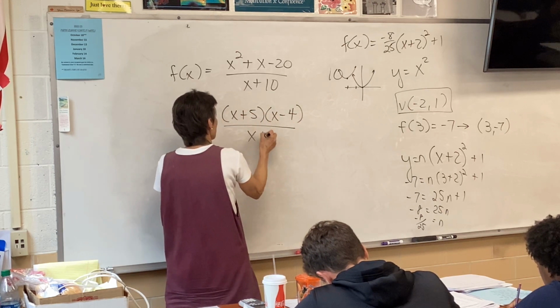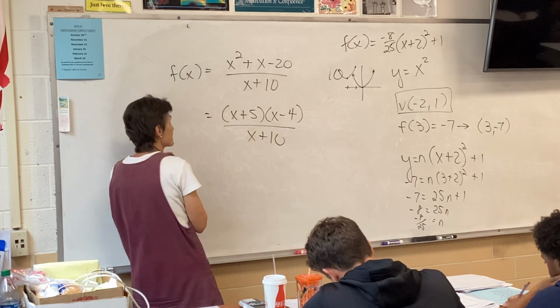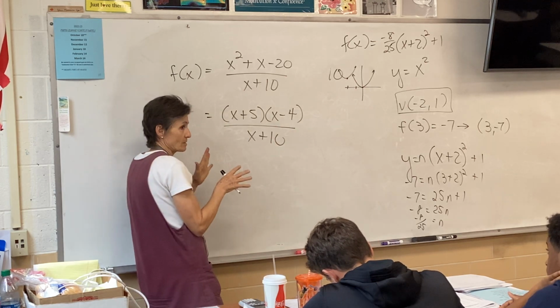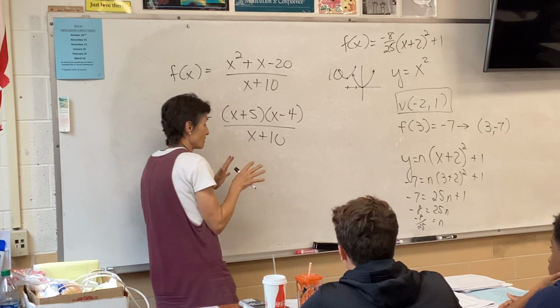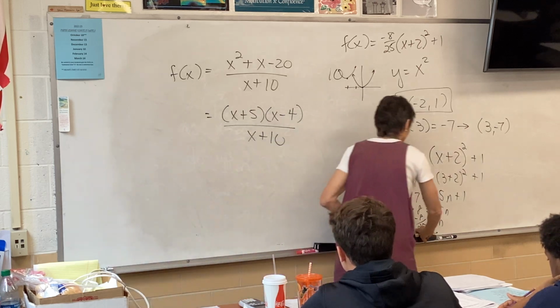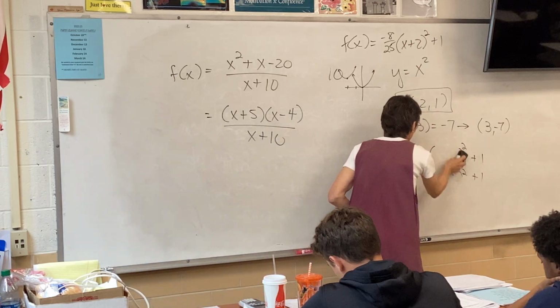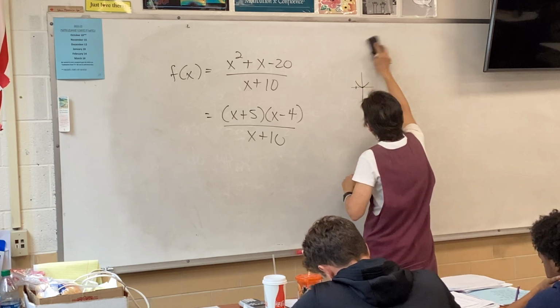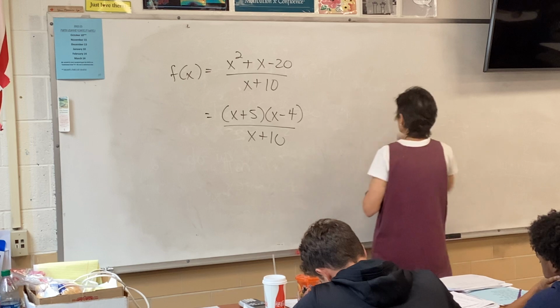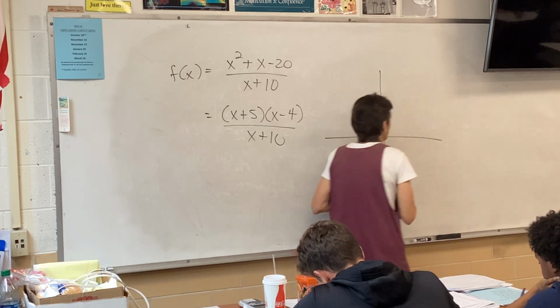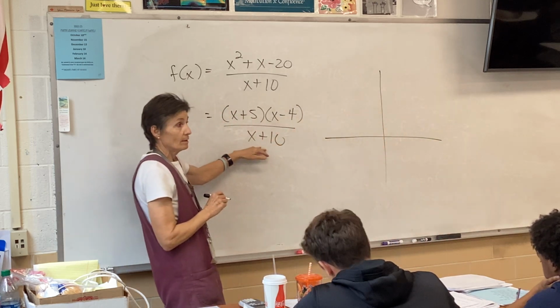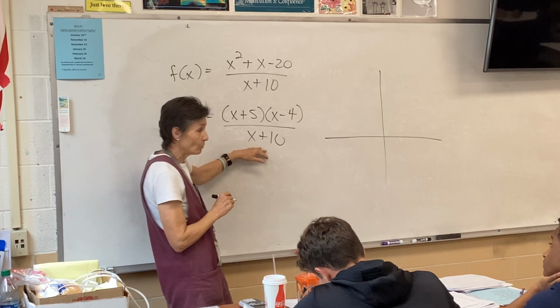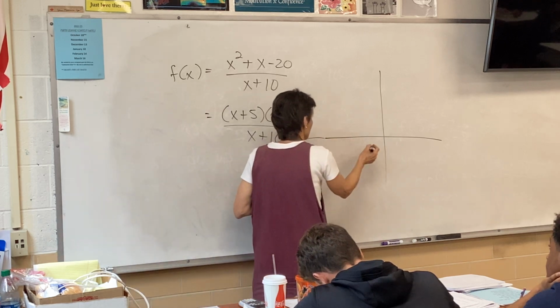Doesn't do me any good in that regard. It is helpful, we use that, but nothing cancels, which means this particular thing will have no holes. But it will have asymptotes. It will have a vertical asymptote at -10.